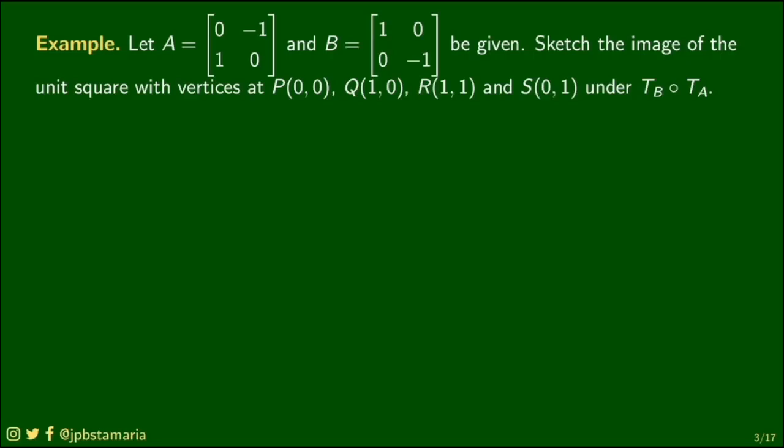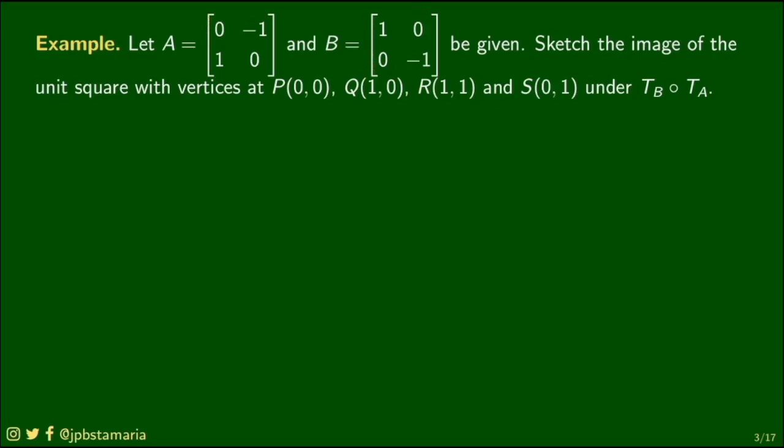To show you a good example, let me have the following matrices A and B. We know that A and B are 2 by 2 matrices. They represent a particular linear transformation, or a matrix transformation. In this case, a matrix operator, because the numbers of rows and columns are equal. So it's a transformation from R2 to R2.